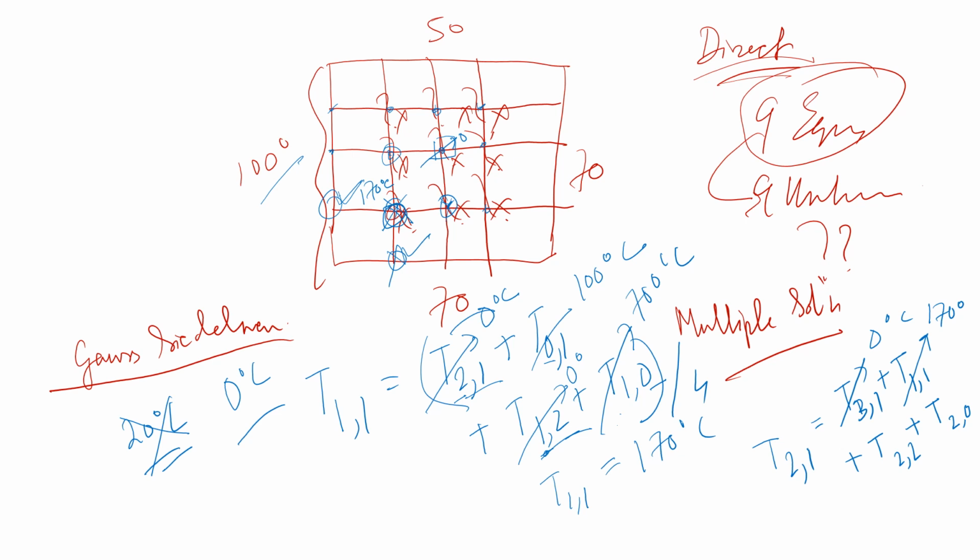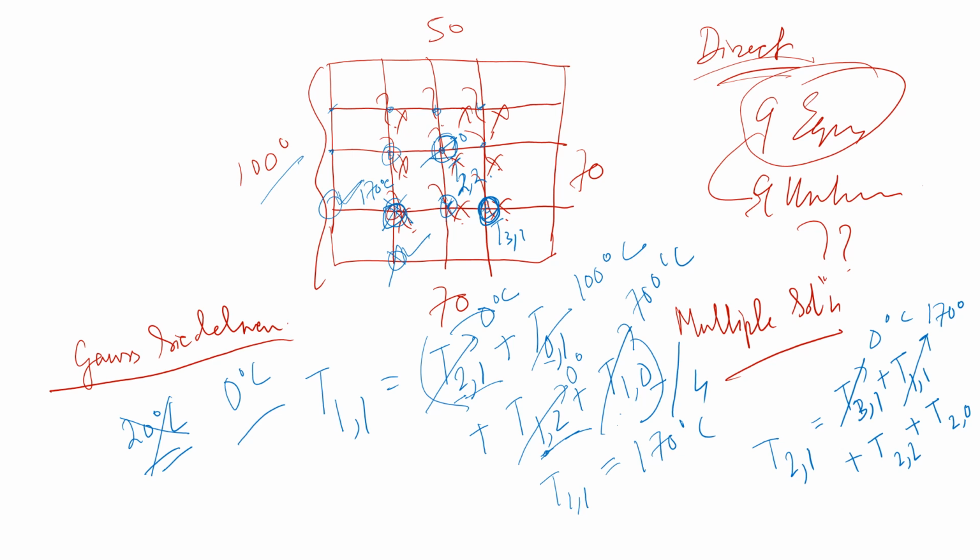T22 will be this point and T31 will be this point. I'm sorry, this is T31 and this is T22. Correct?